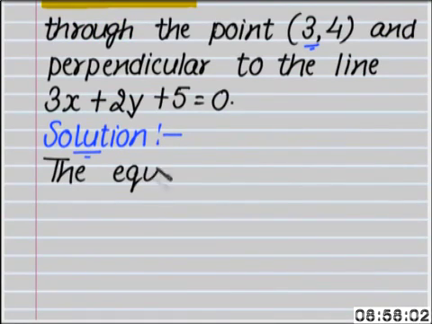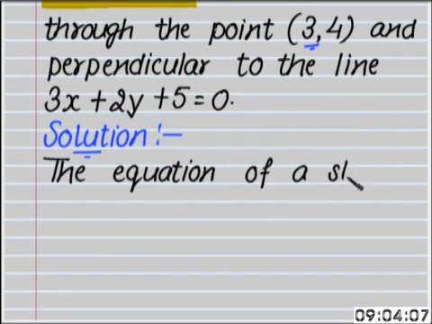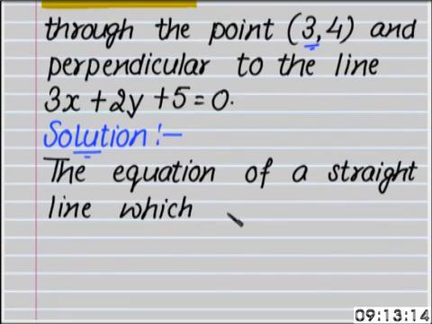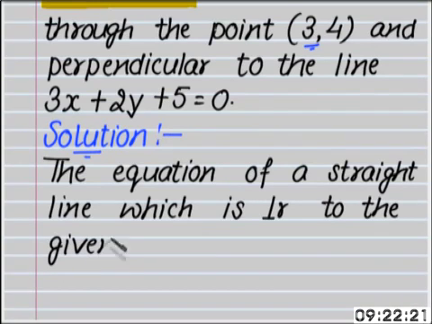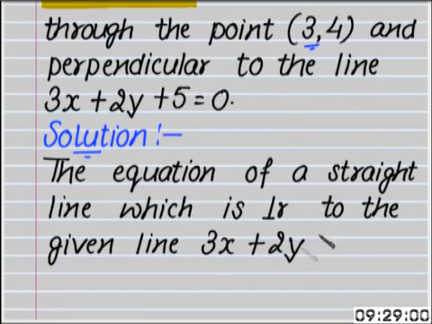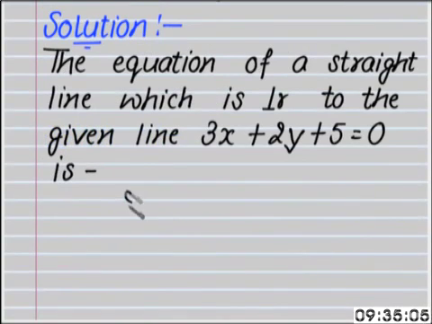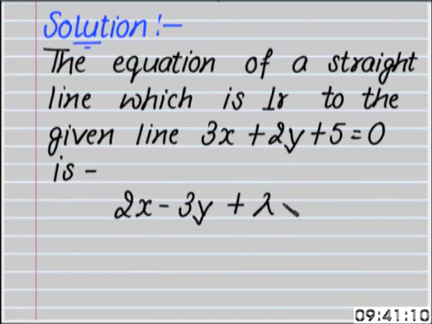Now its solution. The equation of a straight line which is perpendicular to the given line with equation 3x plus 2y plus 5 equal to 0 is 2x minus 3y plus lambda equal to 0.